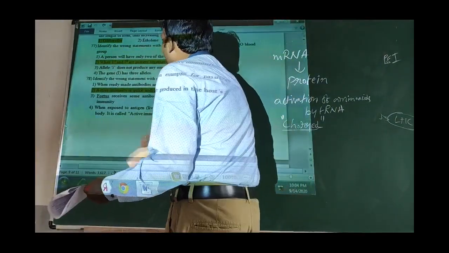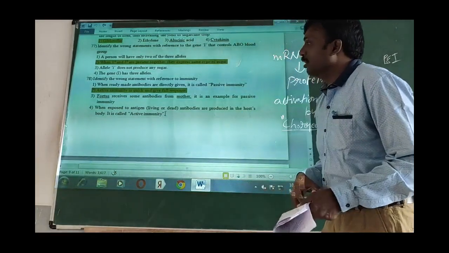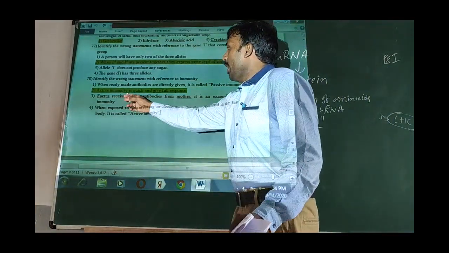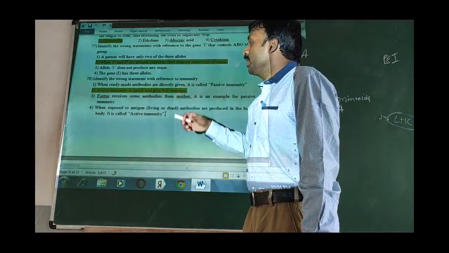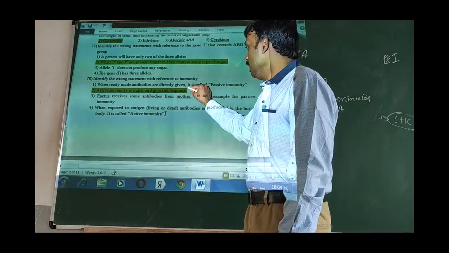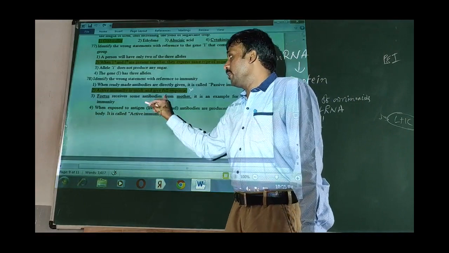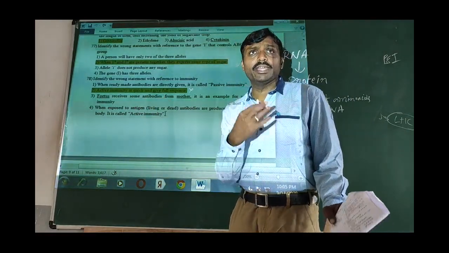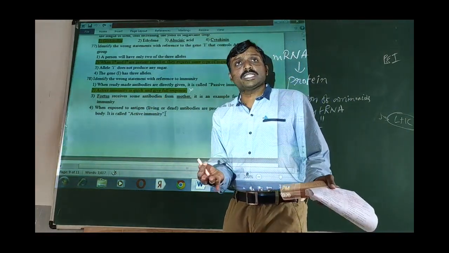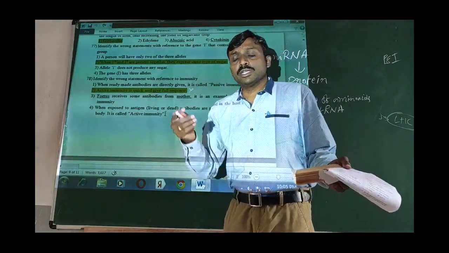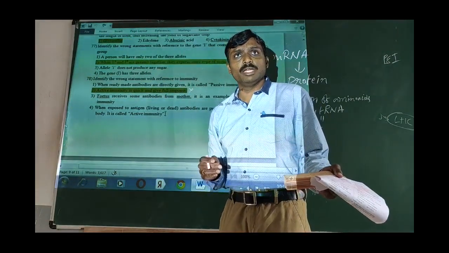Then identify the wrong statements with reference to immunity. So active immunity is a quick and gives full response. So this is again from Human Health and Diseases chapter, second year syllabus. So active immunity is not a quick one. Okay, it needs to understand the structure of antigen. Then it needs to initiate its T lymphocytes and B lymphocytes.